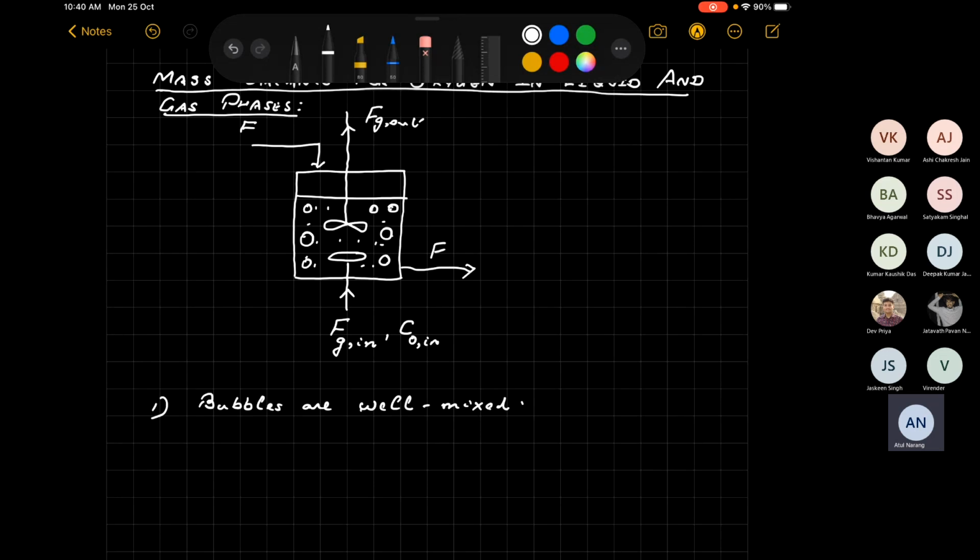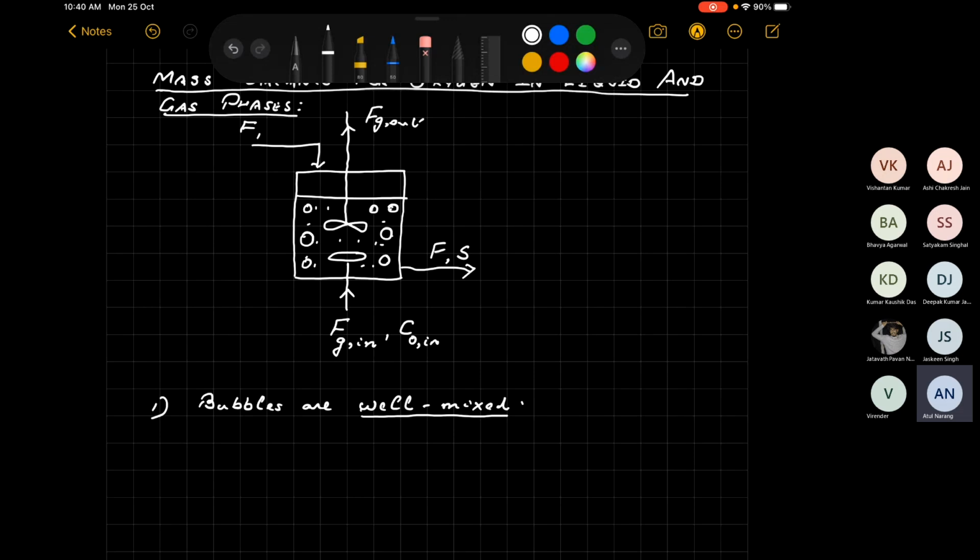And the second thing is, this assumption is very similar to the one we make in liquids. When we say that the liquid is well mixed, what we mean is that the concentration S, say for example, of the substrate or the product that you observe in the exit stream, is equal to the concentration S or P in the liquid inside the reactor. I mean, that is the meaning of well mixed. Well mixed means two things.